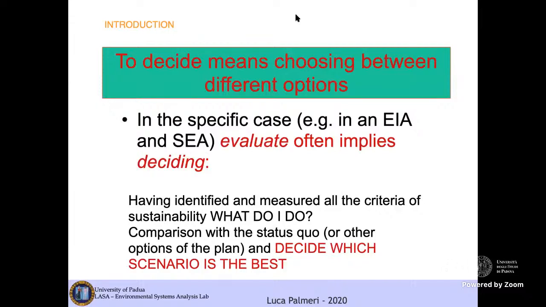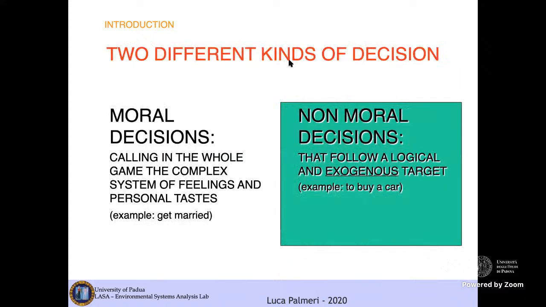So when I introduce the word scenario, you shall understand that I have in mind models providing forecasts of possible future situations, or so-called scenarios. So decision support tools are models essentially.